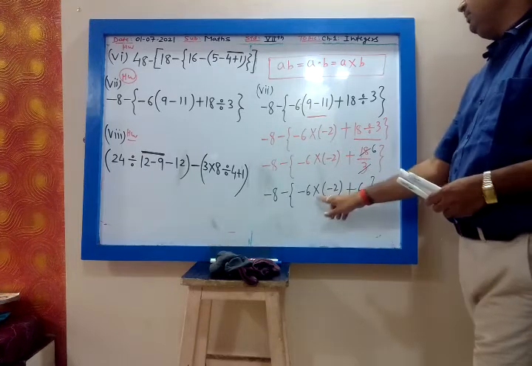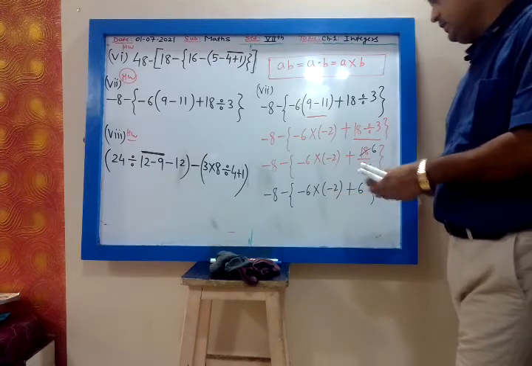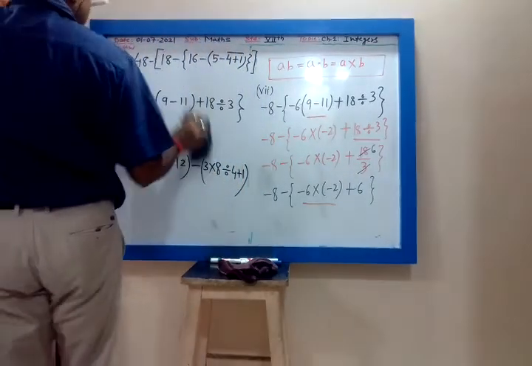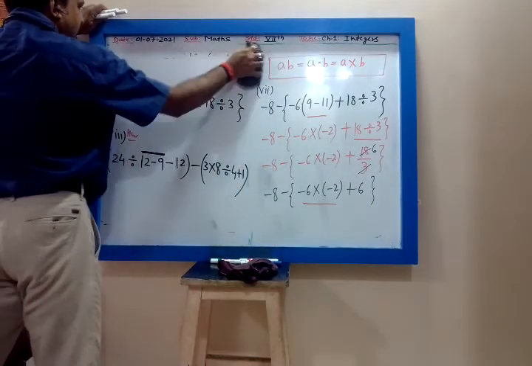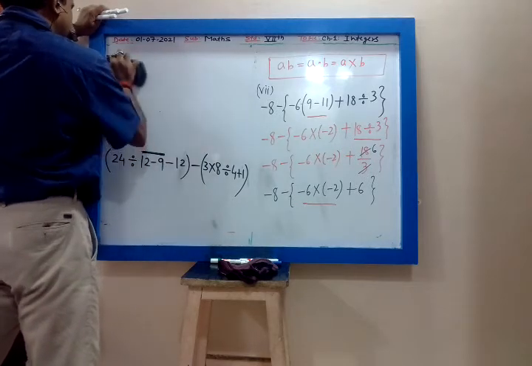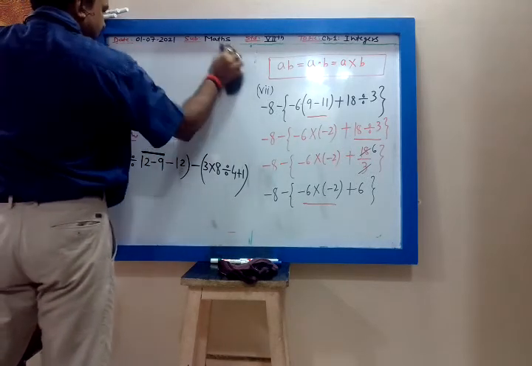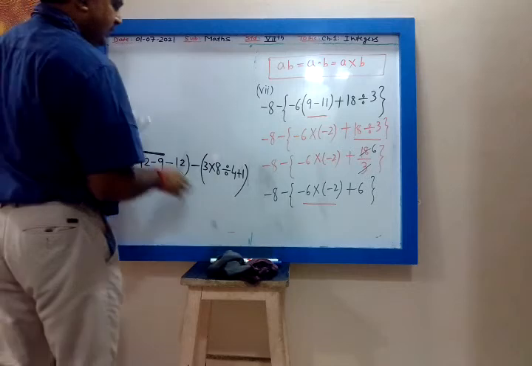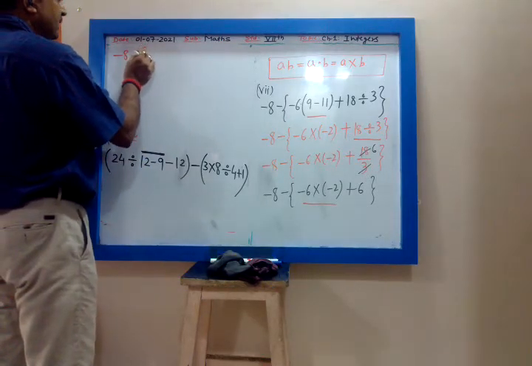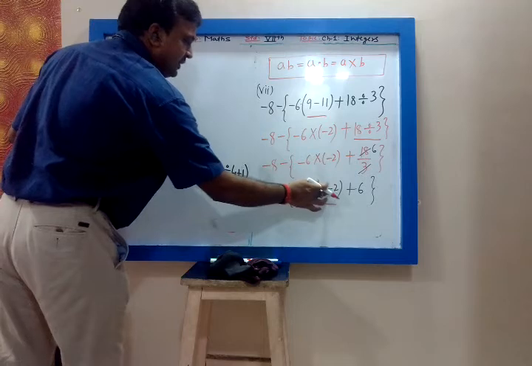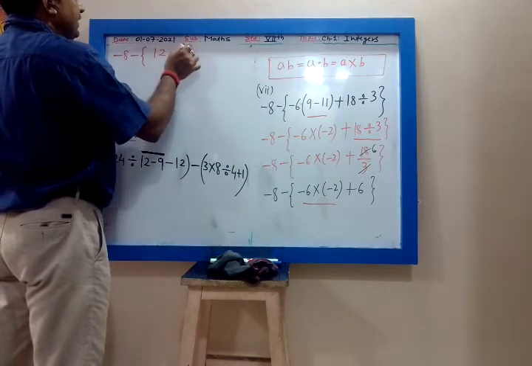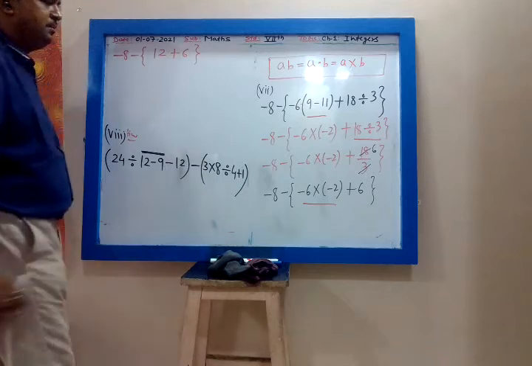Now you have multiplication and you have addition, so first I will perform multiplication. That will be minus 8 minus, and minus into minus is plus, 6 into 2 is 12, so plus 12 plus 6.